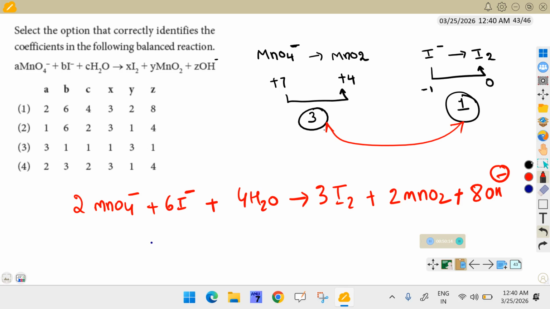Check whether it is balanced or not. 2 manganese atoms, 2 manganese atoms; 6 iodines, 3 twos are 6 iodines; 8 hydrogens, 8 hydrogens; oxygens, 2 fours are 8, 8 plus 4 is 12, 8 plus 4 is 12; charge minus 2 minus 6 is minus 8. Here also the charge is minus 8. The first option is the correct option.